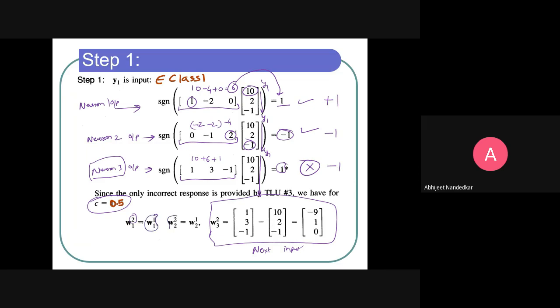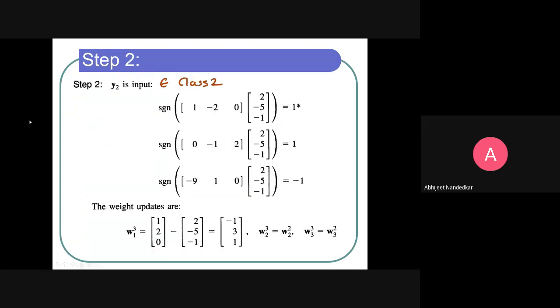For the second step, the weights for neurons 1 and 2 are not changed because they are producing correct answers. Now we are updating only neuron 3 because it is producing the wrong answer. The updated weight using the perceptron learning rule is this one, minus 9, 1, 0.